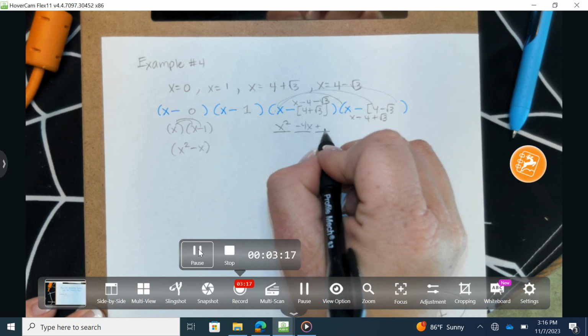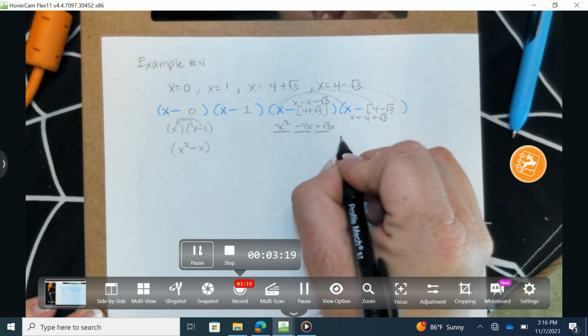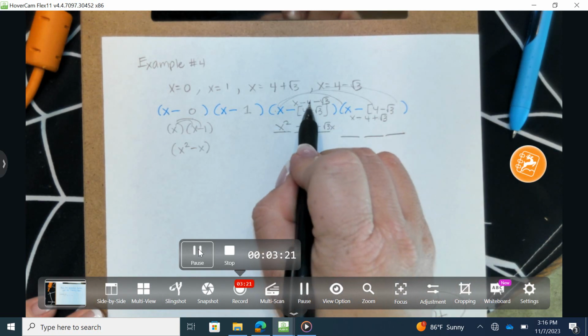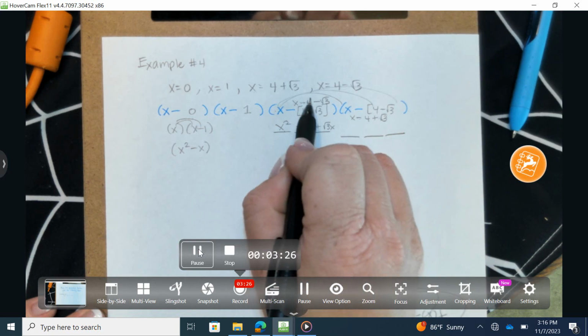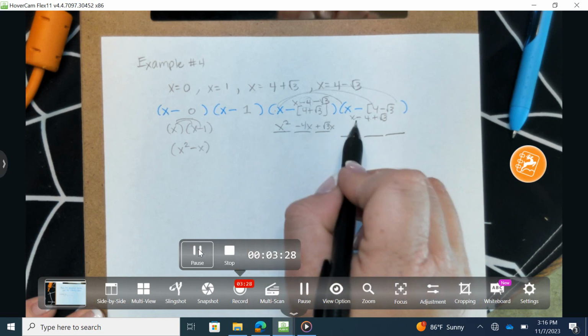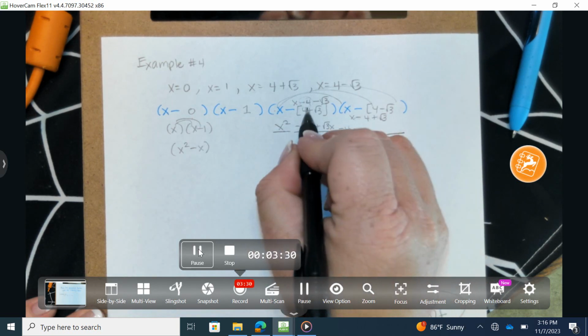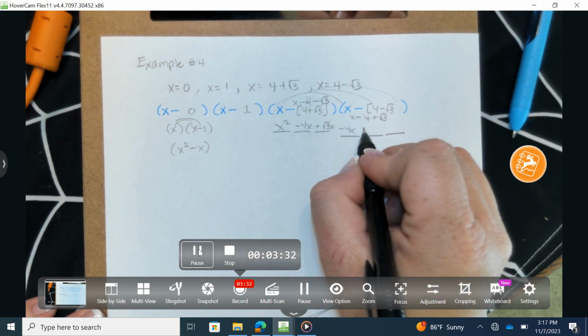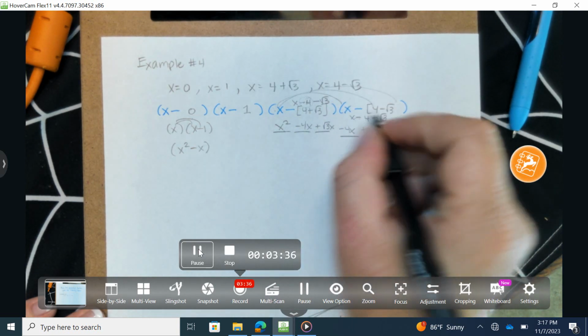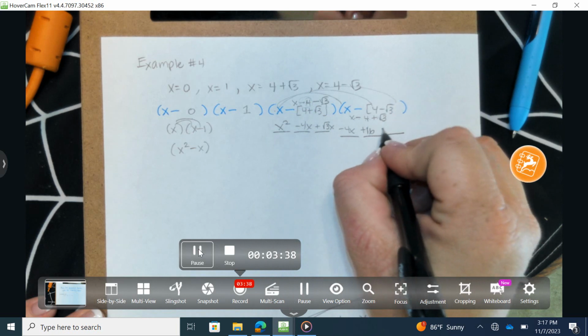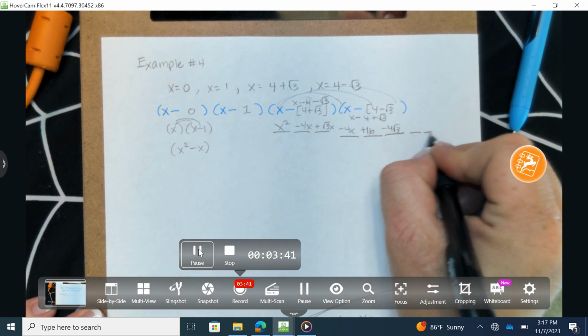I'm going to make 3 more. Now I'm going to take this negative 4. So negative 4 times each of these terms. Negative 4 times x. Negative 4 times negative 4. Negative 4 times the square root of 3.